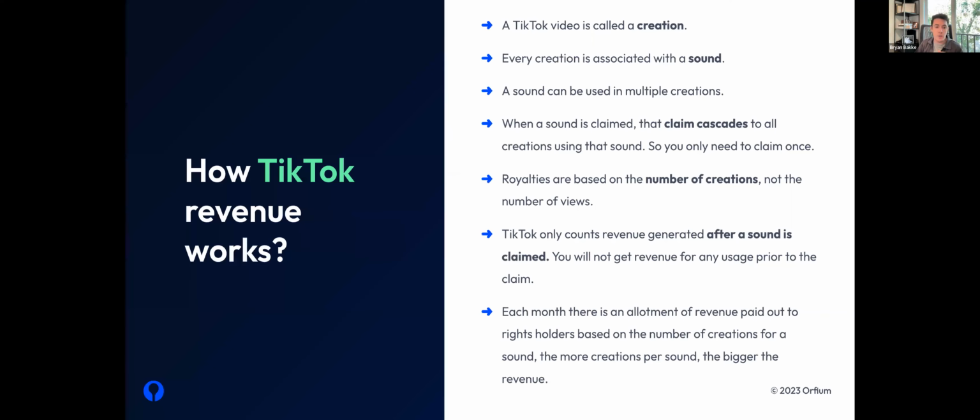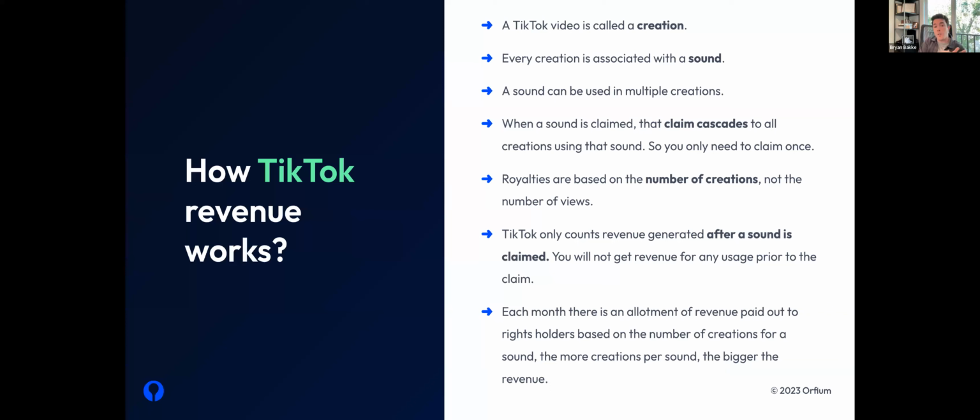So, moving on to how TikTok revenue works. On TikTok, each video is called a creation, and every creation is associated with a sound. One single sound can be used in multiple creations. Once a sound is claimed, that claim then applies to all creations using that sound.